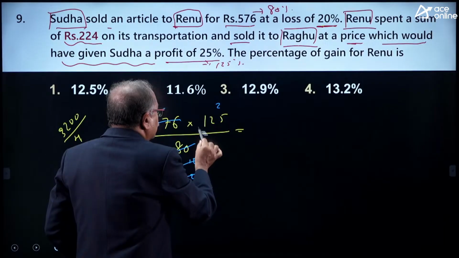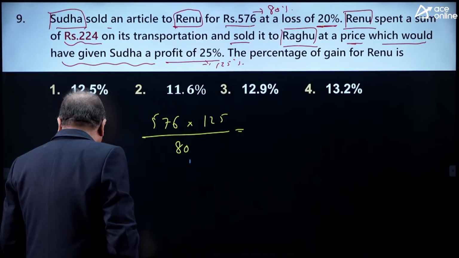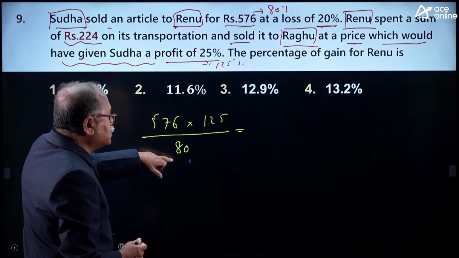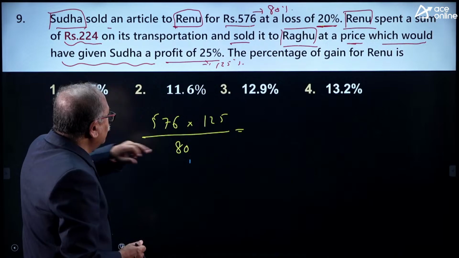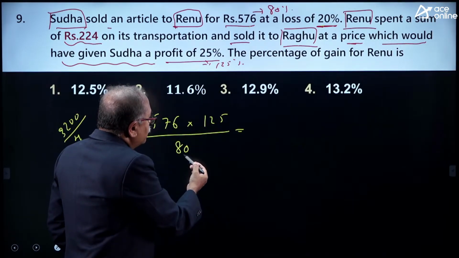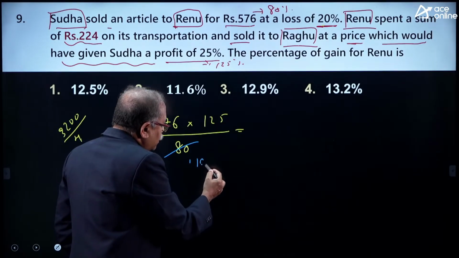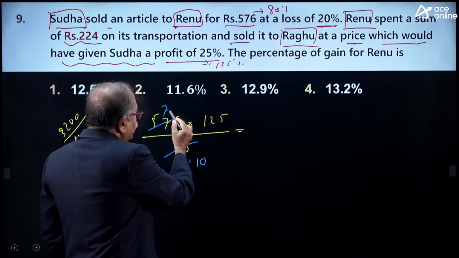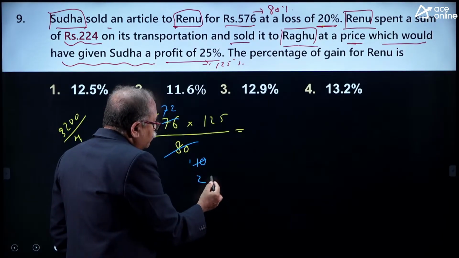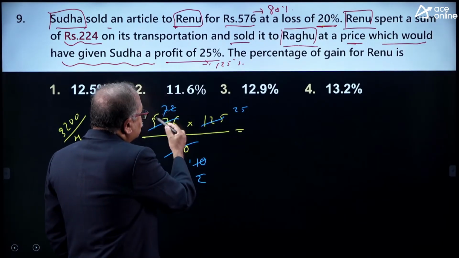Allow me to revise this calculation. Okay. So, here 576 divided by 80, and I need 125%, where 80% is known to us. So, with 8, 10 times, and with 8, 7 is 56 and 8, 2, and here with 5, 2 times, and with 5 this is 25 times, and here this is 36.